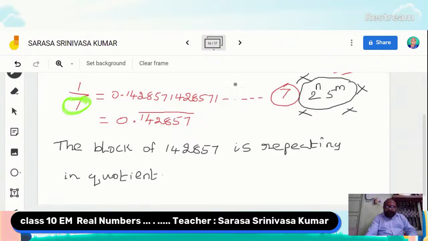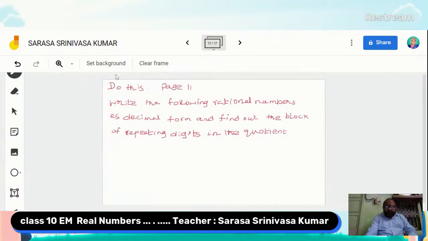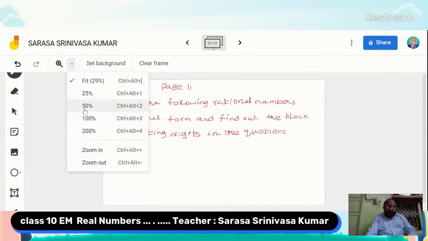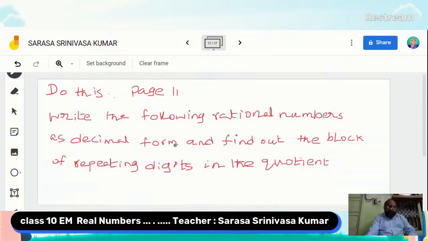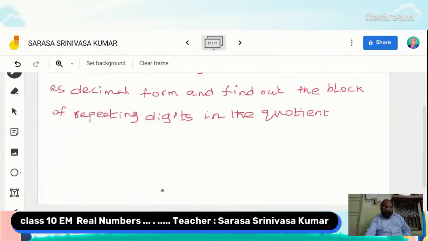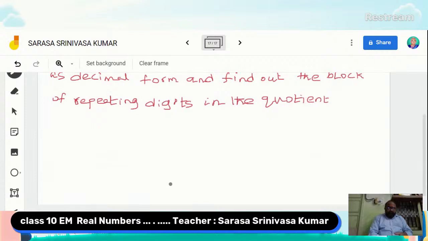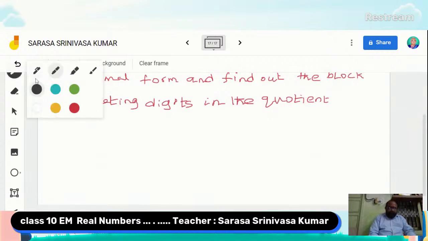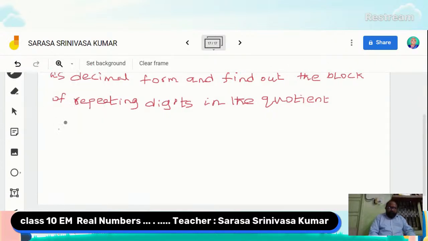Now, in this exercise, we have the first problem, 1 by 3. So you must divide it: 1.00000 like that.